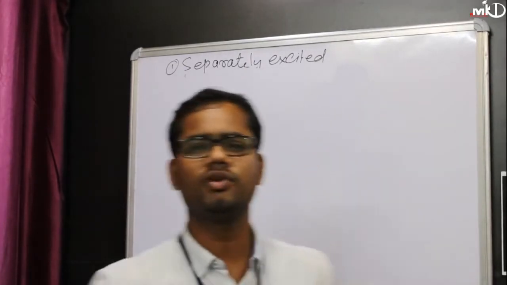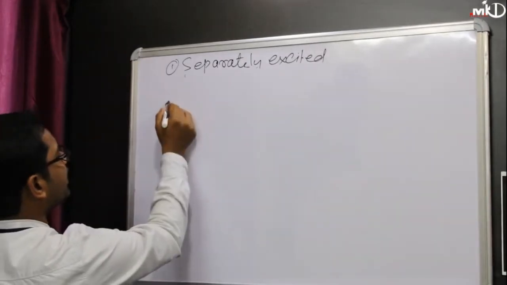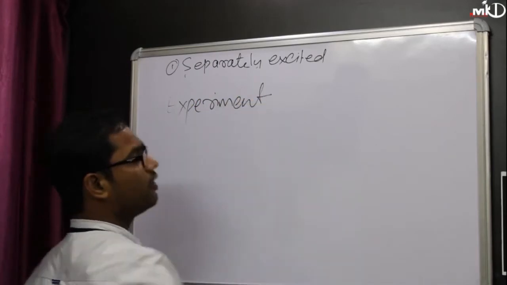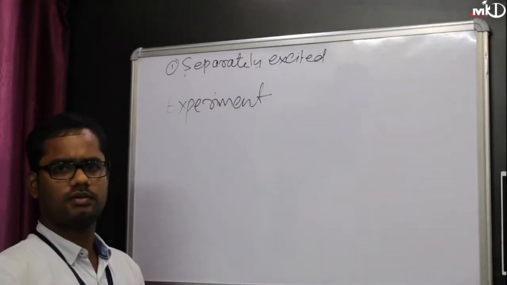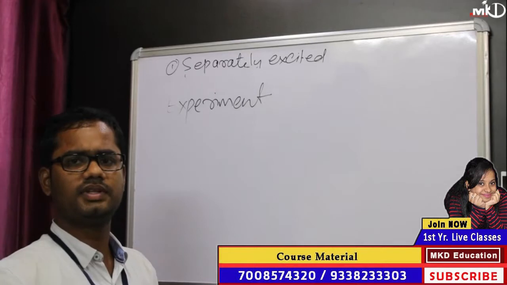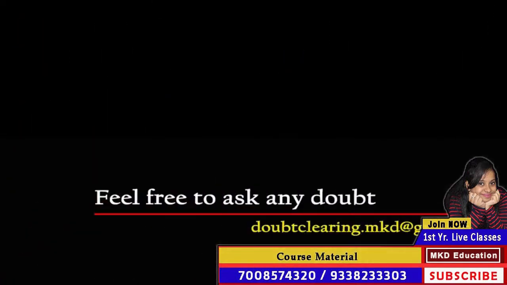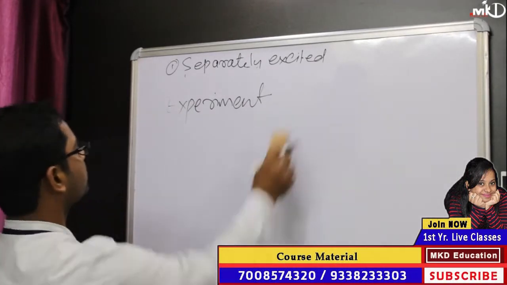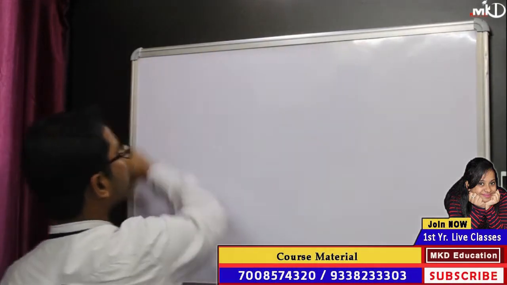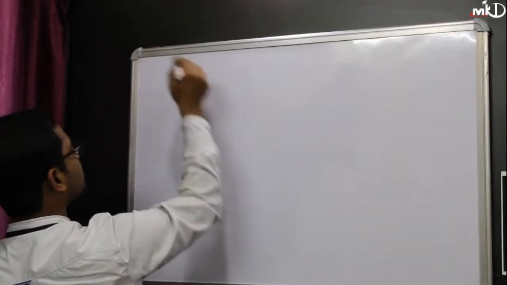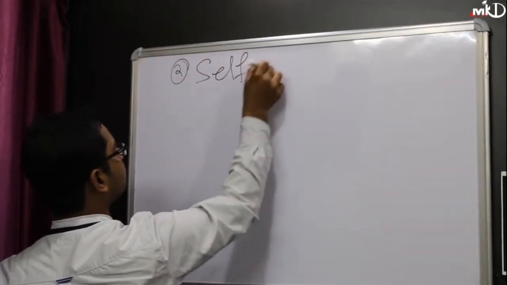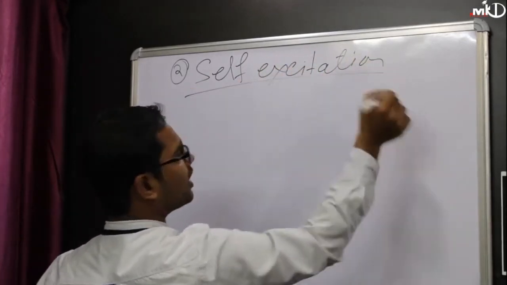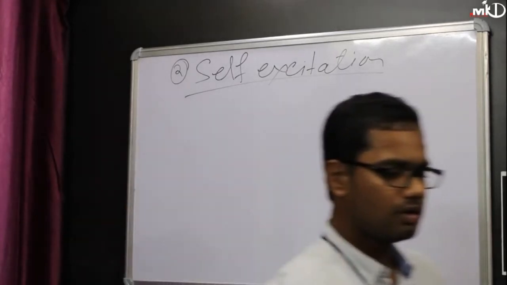It is basically used in experimental cases, means some scientific experiment in a lab; there you use a separately excited DC generator. Then comes the self-excitation, the second part. You can see the diagram, the diagram is here.